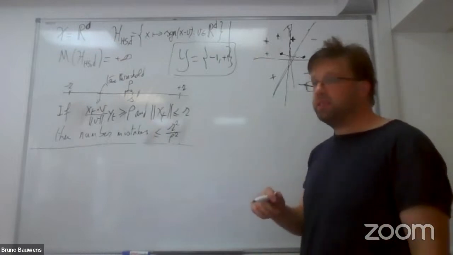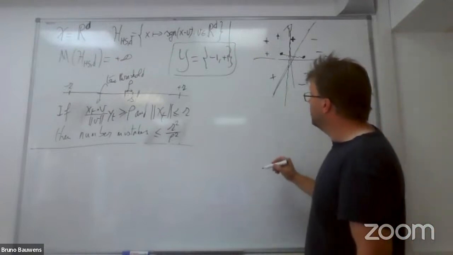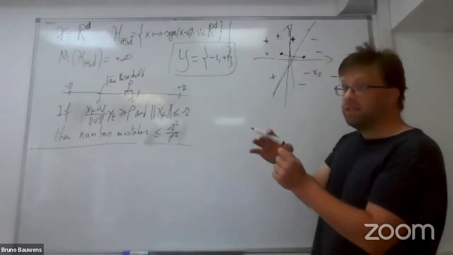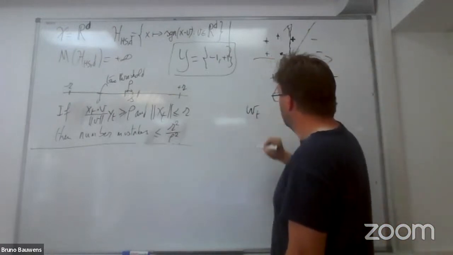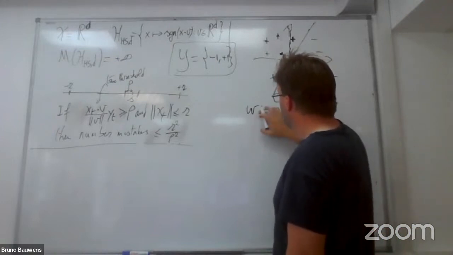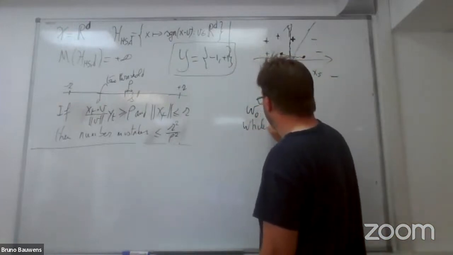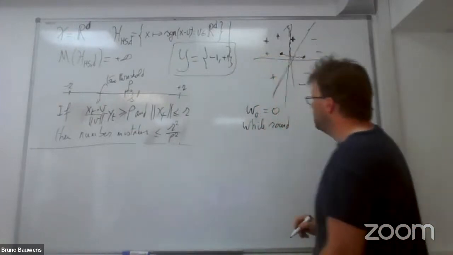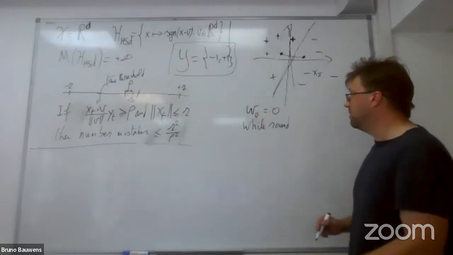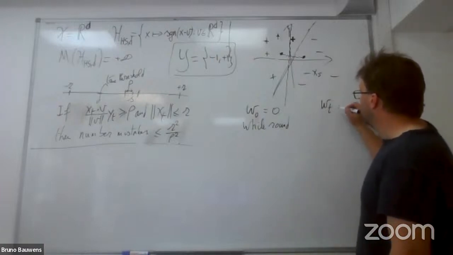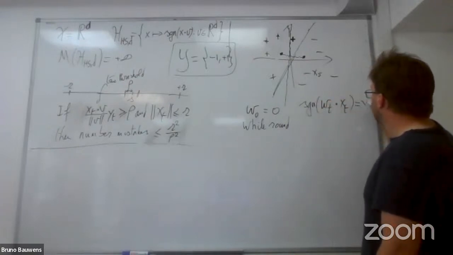Rosenblatt's idea is basically a greedy algorithm. It will go over all the points, and it will adapt to the points that are misclassified with the current rule so far. So he will build a vector WT, so at time 0, W is equal to 0. Then in every round, he will add up the input that is wrongly classified with the correct sign of the label. So he needs to find a WT such that sign of WT dot XT is equal to YT.